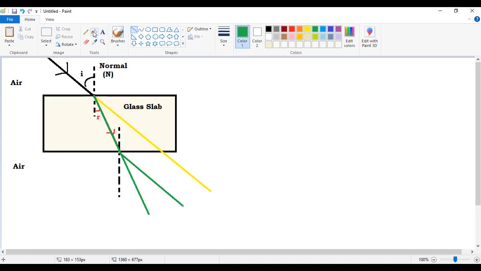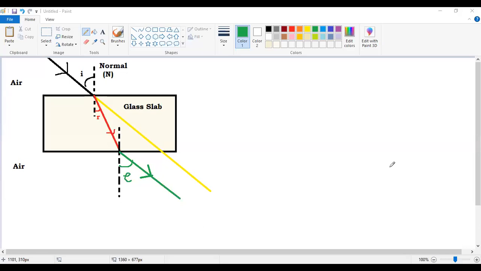So now students, this is your emergent ray. This green colored ray, which is finally coming out of your glass slab, is known as emergent ray. And students, these two rays shown outside the glass slab should be coming parallel to each other.